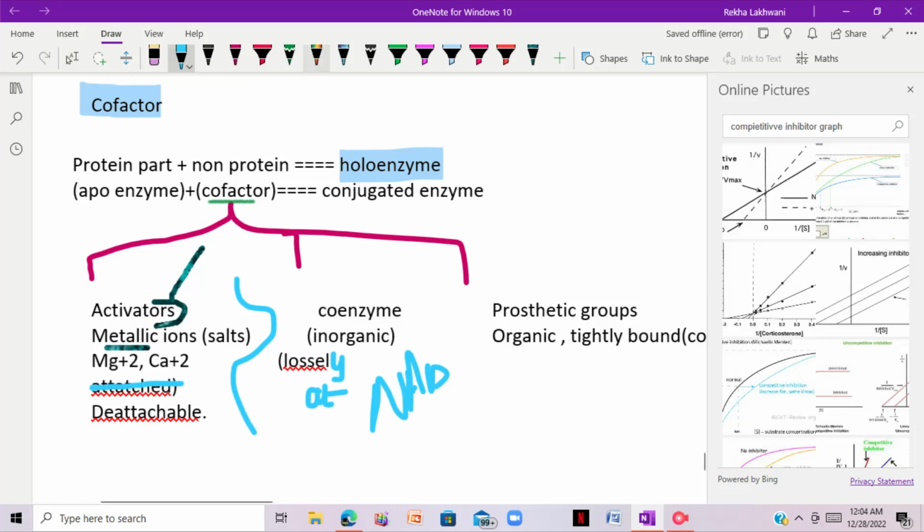So I hope this cofactor is clear to you. This non-protein part is known as the cofactor, and the protein part plus the non-protein part is known as the holoenzyme. For example, there are some enzymes of the stomach.